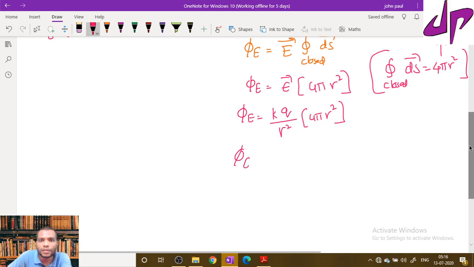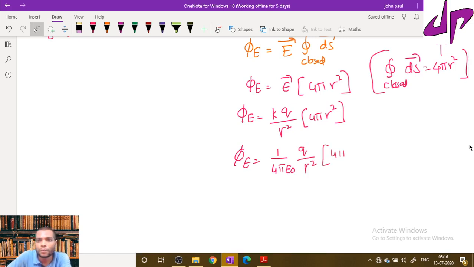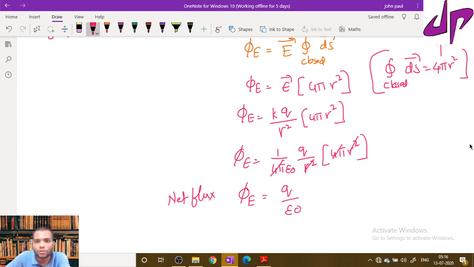Flux phi E equal to 1 over 4 pi epsilon naught times q upon r square times 4 pi r square. Now 4 pi gets cancelled and r square gets cancelled. So we end up with a great relation, the total flux or the net flux phi E equal to q by epsilon naught.